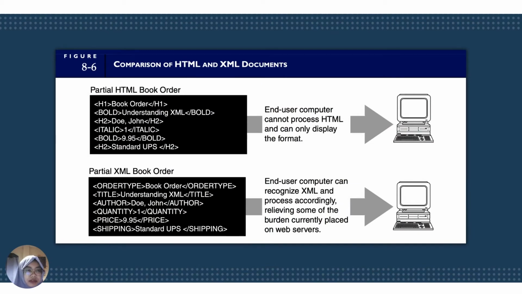Figure 8-6 is an example illustrated to distinguish HTML from XML using a bookstore order formatted in both languages. Although essentially the same information is contained in both examples and they look dissimilar in structure, an important difference exists between them.